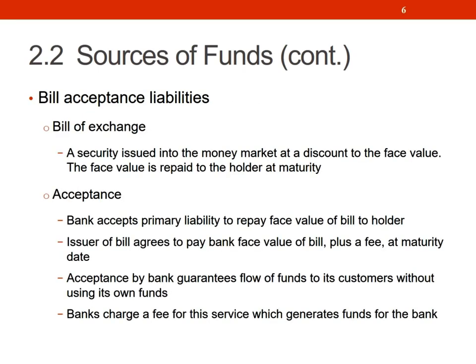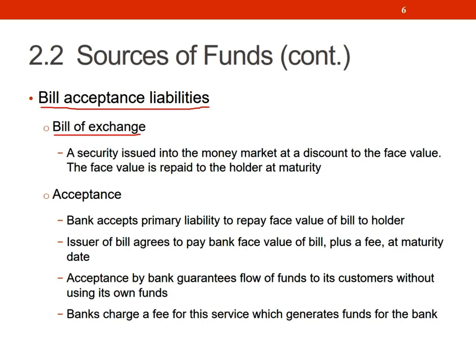We also have bill acceptance liabilities from the point of view of the bank. So before we talk about that, let's just look at what a bill of exchange is. Let's say that a company issues a security into the money market. So what the company's effectively doing is borrowing money, and an investor is buying that bill of exchange, and the company will be required to repay the face value of the bill at maturity.